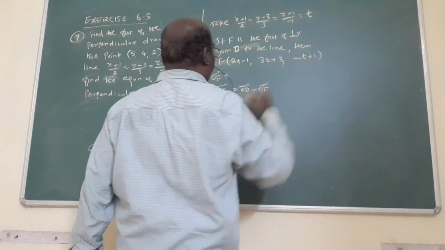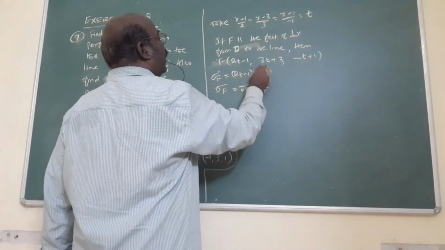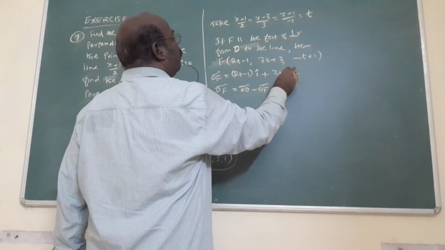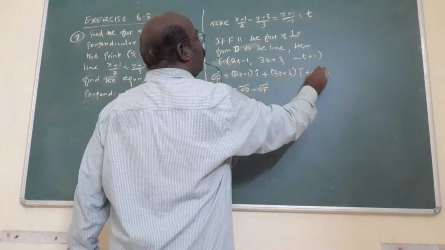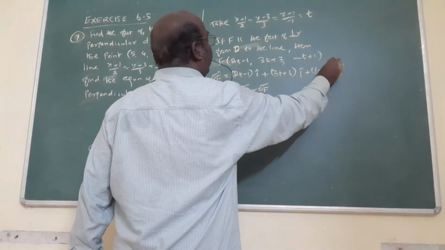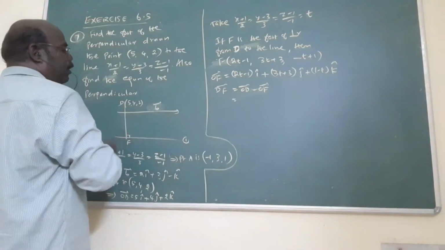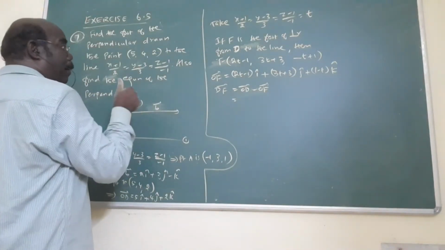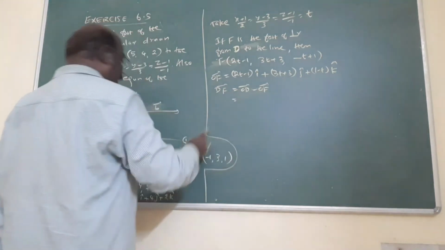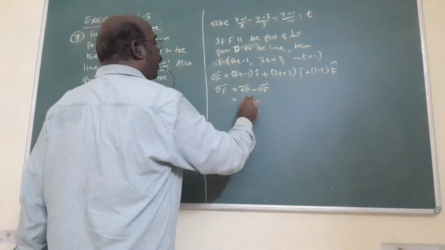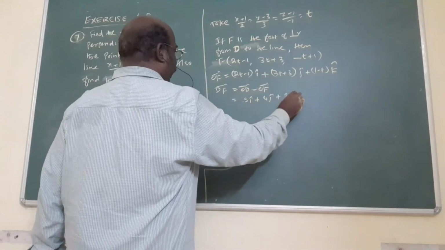The OF vector is what? (2T minus 1) i cap plus (3T plus 3) j cap plus (1 minus T) k cap. Am I right? Then you will find DF. The DF and B vector are perpendicular. That's why I am finding the DF vector, OF minus OD. The OD vector is 5i cap plus 4j cap plus 2k cap.